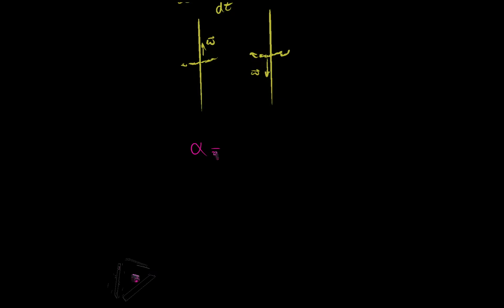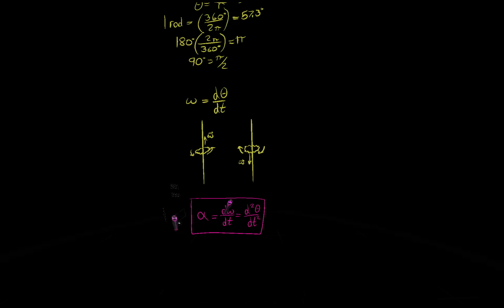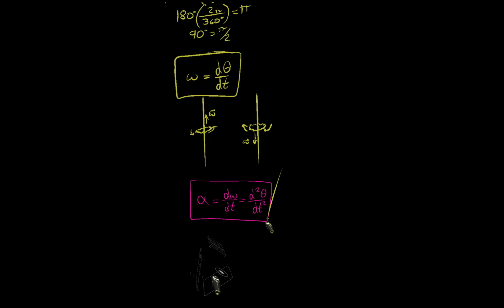And that's equal to d omega dt, which is equal to the second derivative of theta with respect to time. There it is. And I guess I can go ahead and box this one in too.